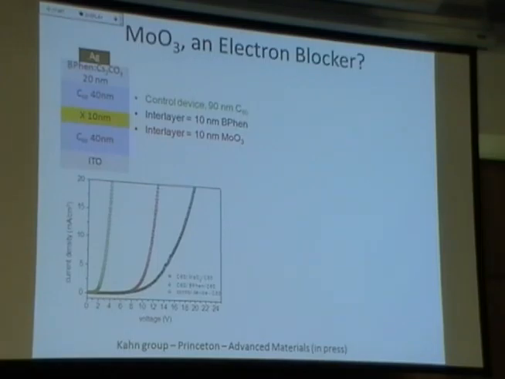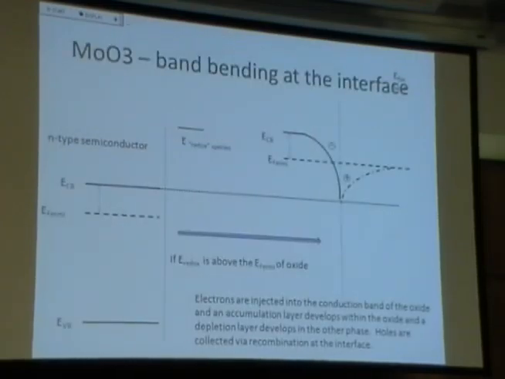So it doesn't physically, thermodynamically block the carriers, but rather because of the space charge it develops, it screens. Okay, so you're saying that the space charge region about the organic HOMO and the conduction band of moly oxide screen. Okay, you're going to preferentially harvest holes.